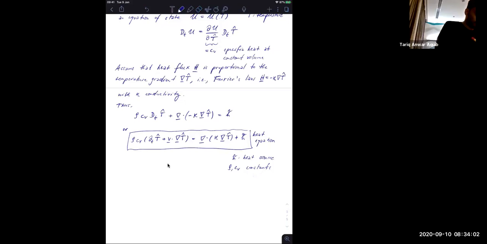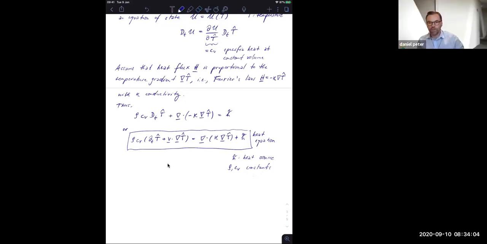So it's given by the material properties, rho and the specific heat.